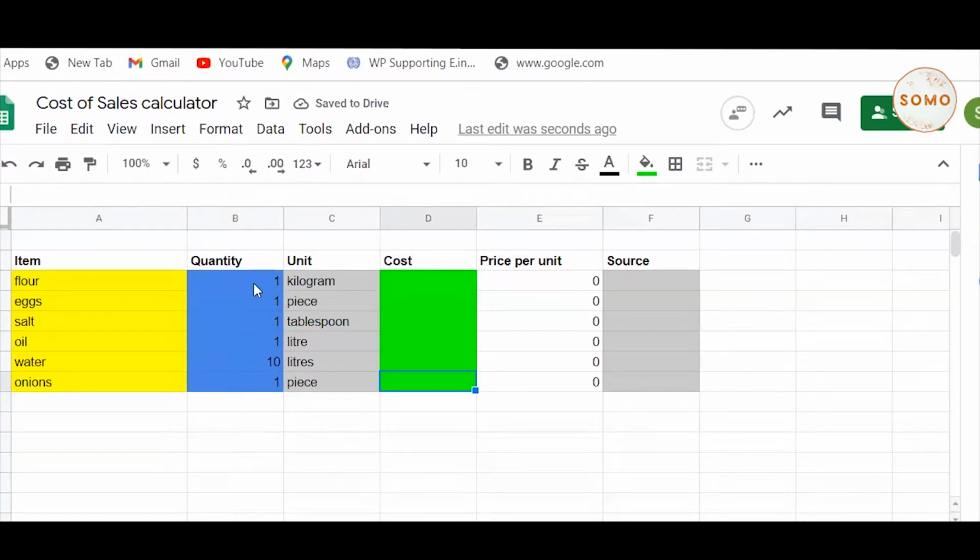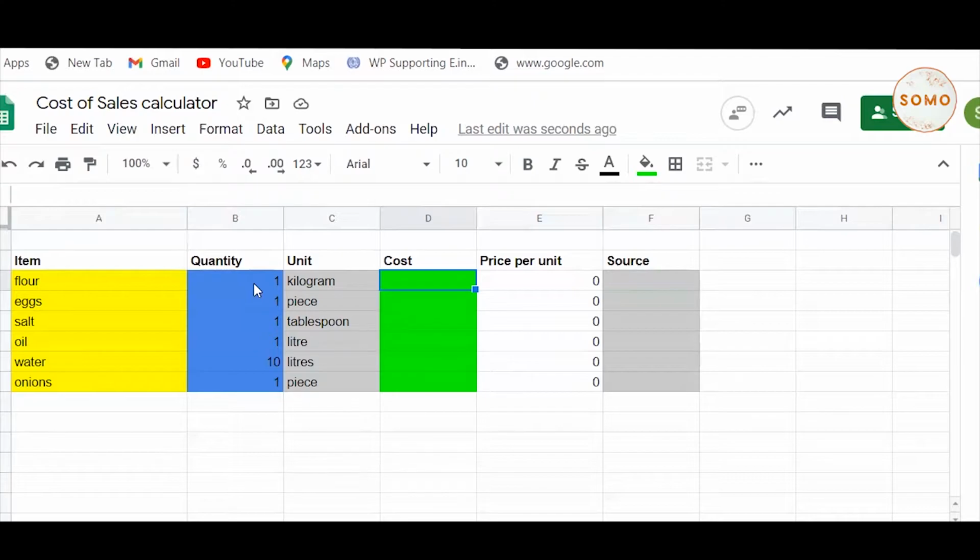After filling the quantity and the unit of each quantity, we'll go to the next column, which is filling the cost of each quantity we put in this sheet. We'll now put the cost of each quantity of ingredients we're going to use to make our Rolex.